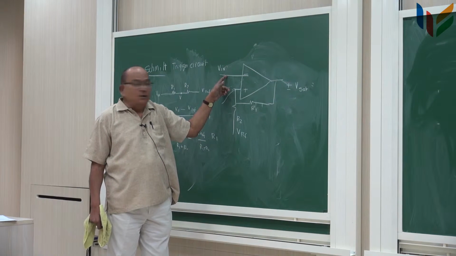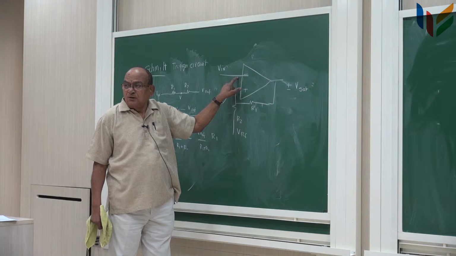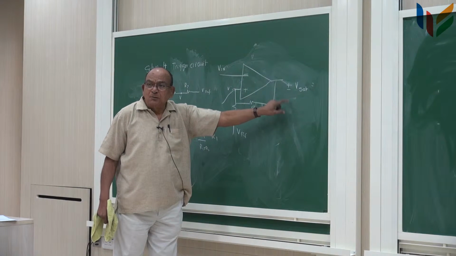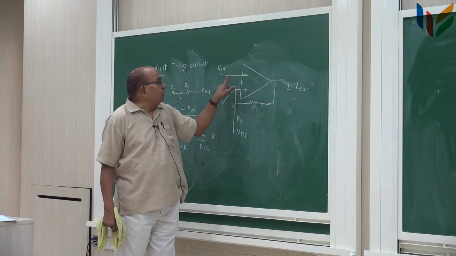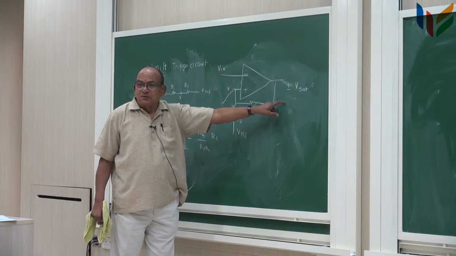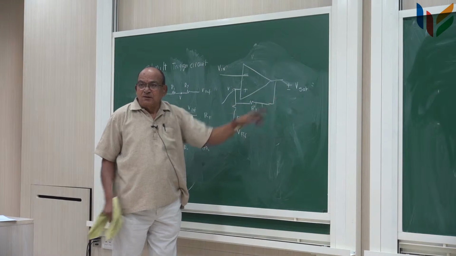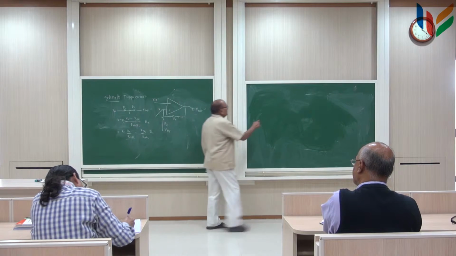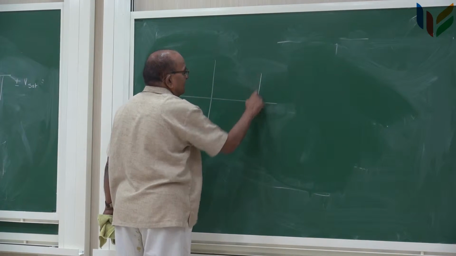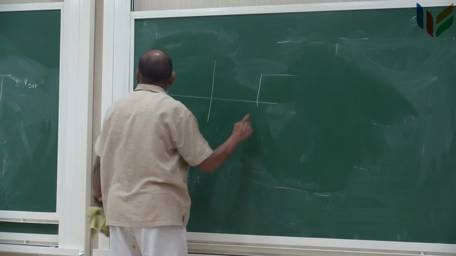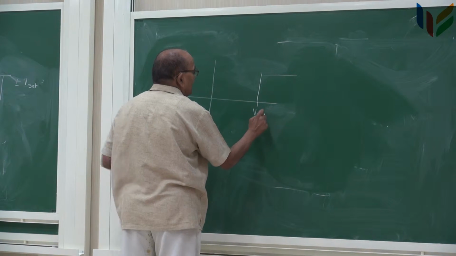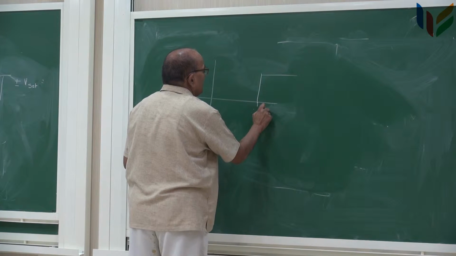So, the input must be lower than this voltage for this to be plus V sat. So, this voltage must be lower than this for this to be V sat, right. And that value, let me call this V A or V B.